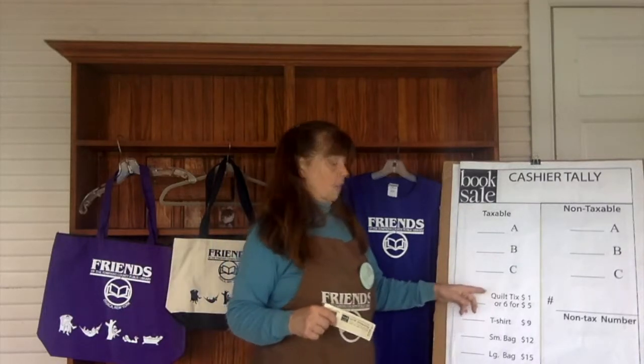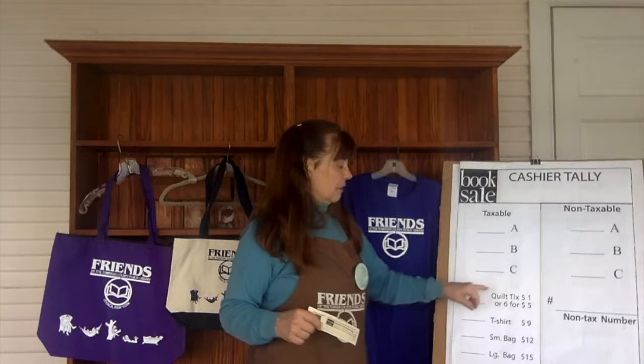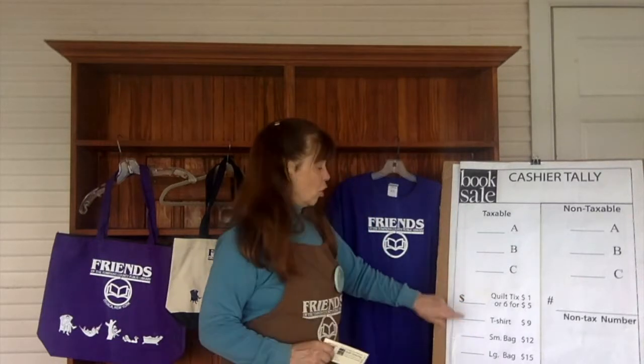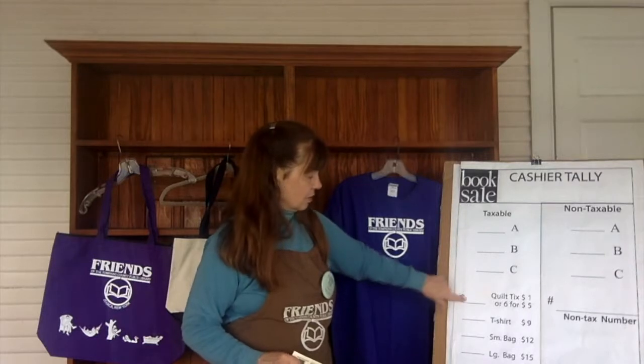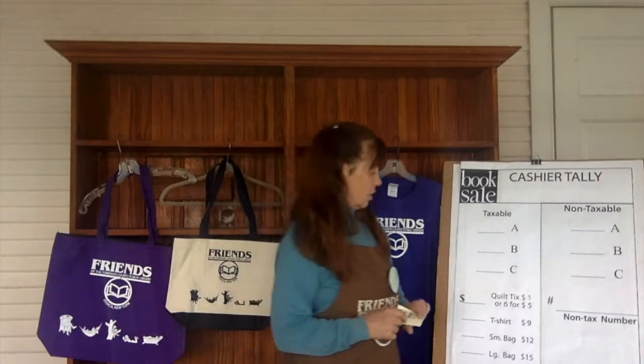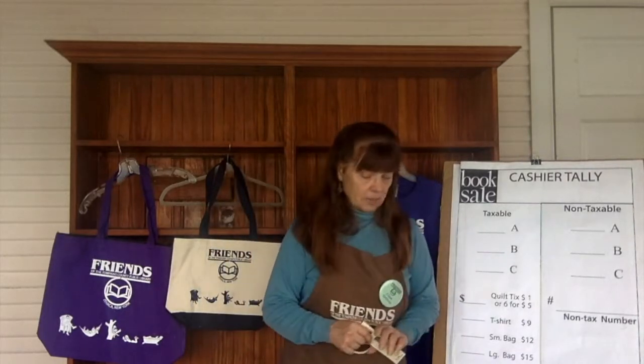So if they get 1, that's easy. You put a 1 there. If they get 2, etc. But if they get 6 for $5, you're going to put a 5 in this block. How many dollars? So you're telling the cashier how many dollars to charge. Okay? So that is the only anomaly there.